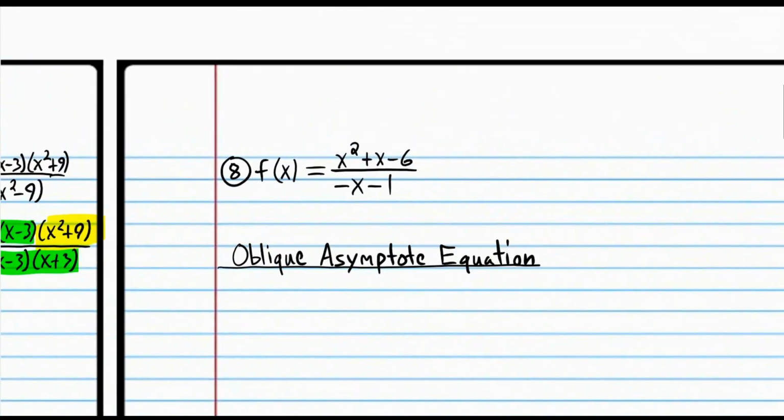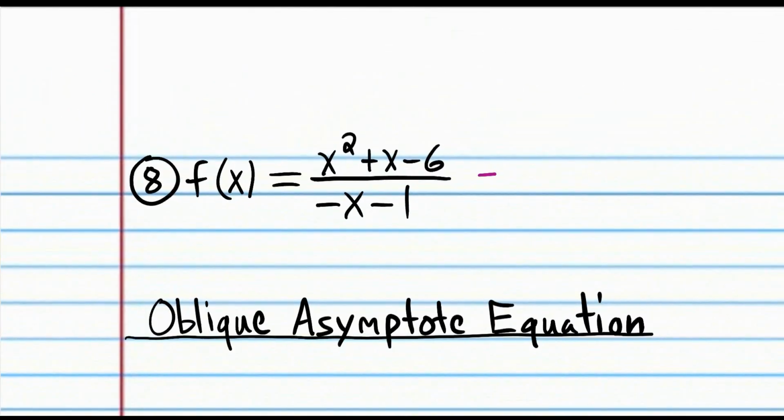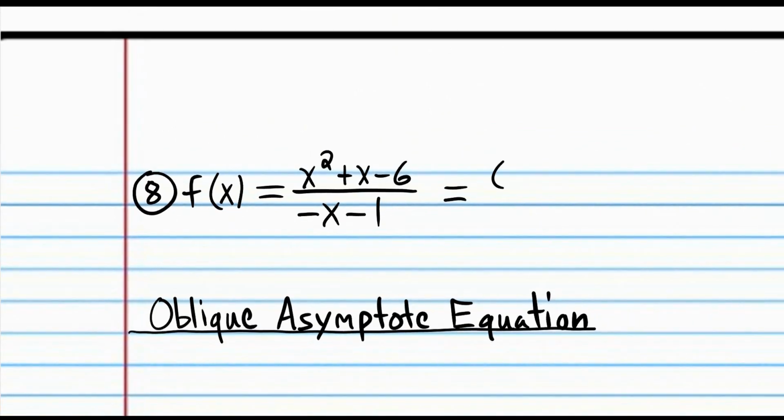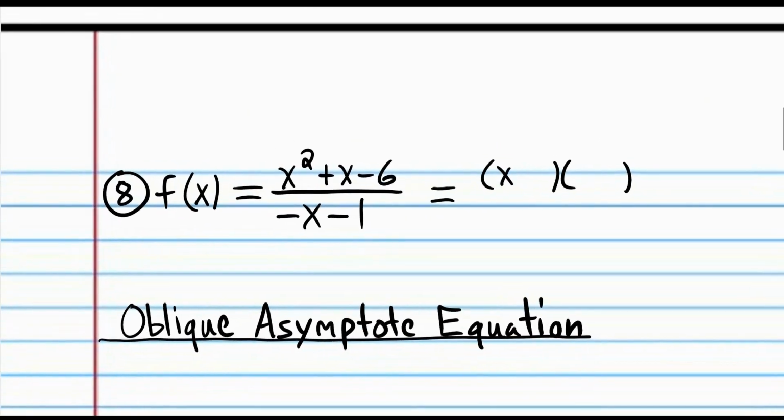Okay, we're back. So let's factor the numerator and denominator so we can see what the x-intercepts are and the vertical asymptote.